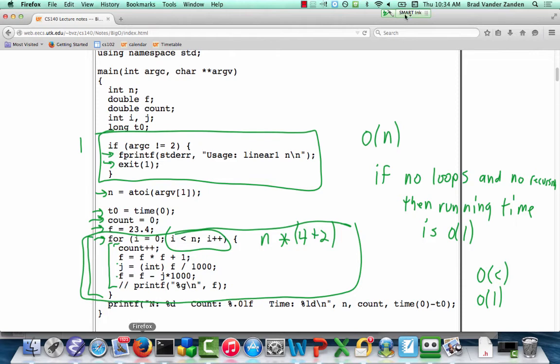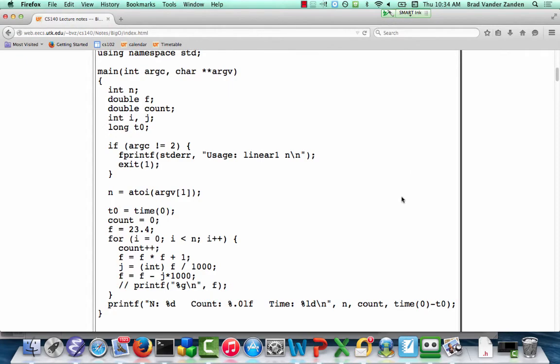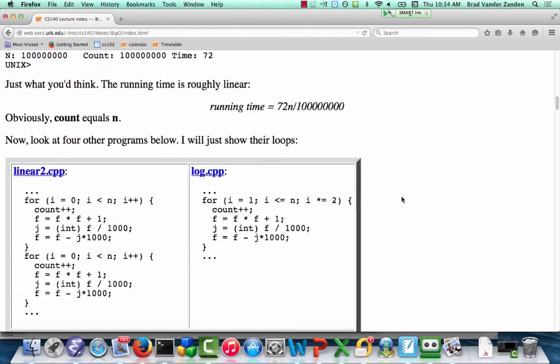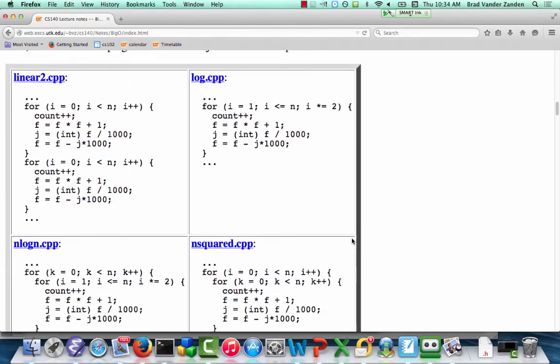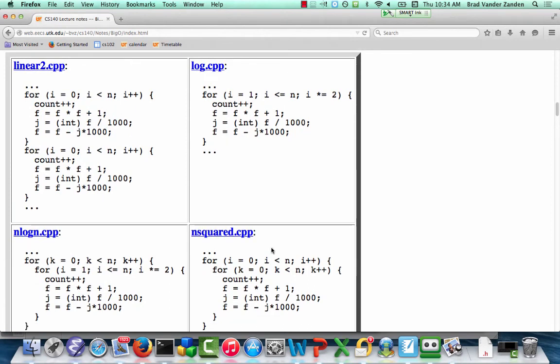Okay. So, Dr. Planck then shows you some running times, and as you expect, the bigger the size of the input, the more time it takes to run the program. Okay, and then he shows you a number of different programs. This one has 2 consecutive loops.